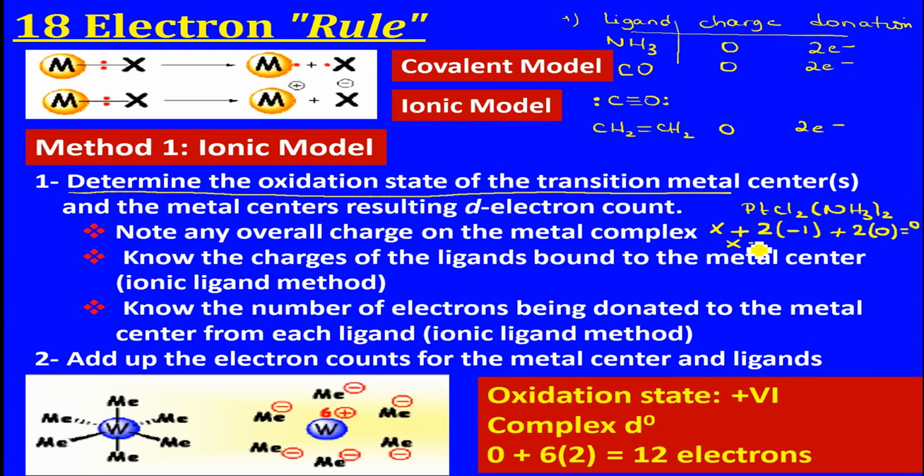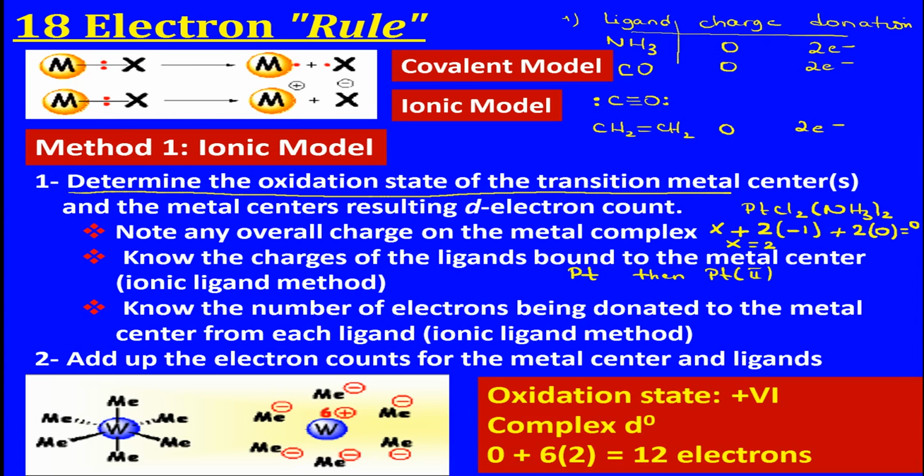So in this case, X equals 2. Okay? We write the electronic configuration of platinum. Then Pt2+ is platinum minus 2 electrons.